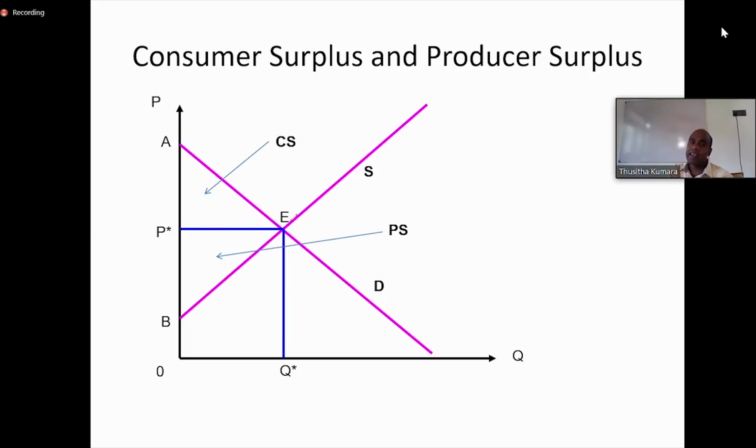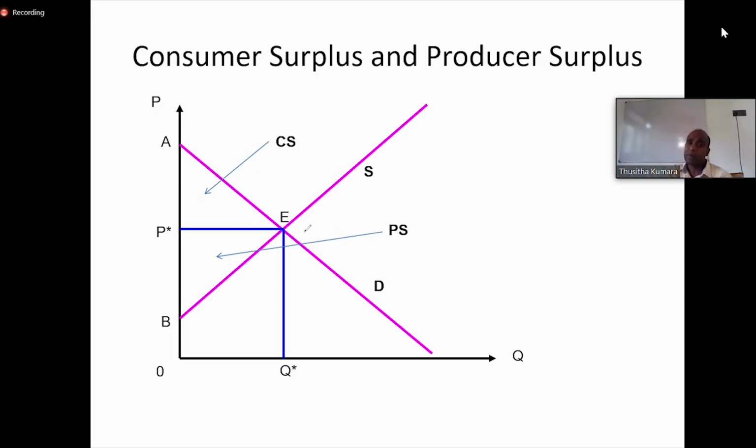This A, E, P star amount is the additional gain to the consumer. Because the consumer pays P star times Q star, price and quantity, this is the total cost to the consumer, but this is the total gain to the consumer because of the equilibrium price. So the difference, E P star, is known as consumer surplus.